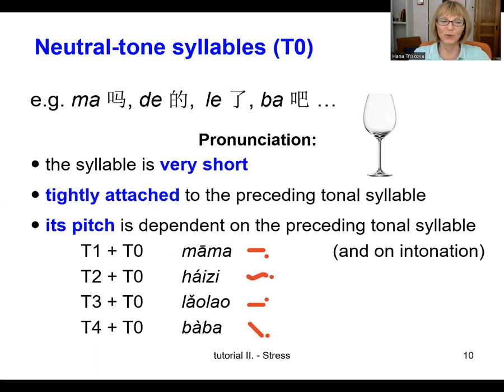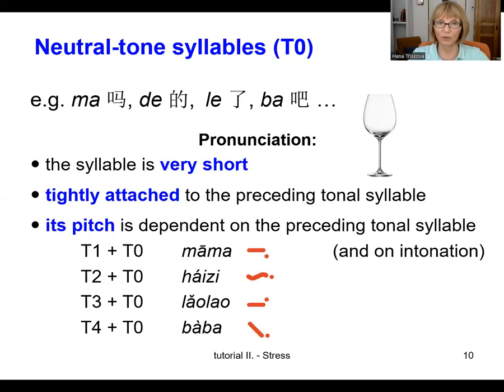So I will read it for you. Mama, 孩子. This is, I would say, the most difficult one because you should rise, then go down a little bit, and only then you pronounce the neutral tone. Then the third tone, 姥姥, and finally the fourth tone, 爸爸.